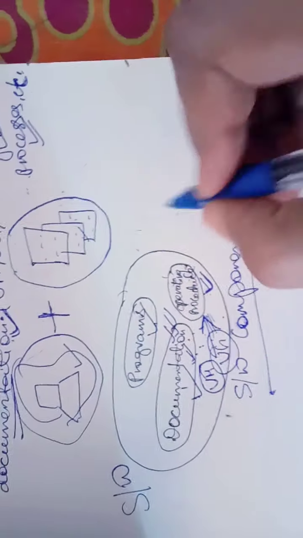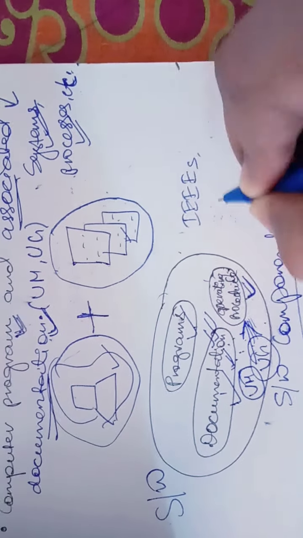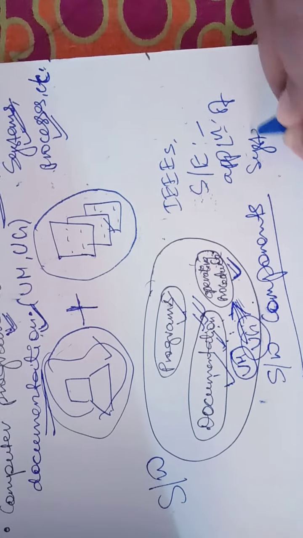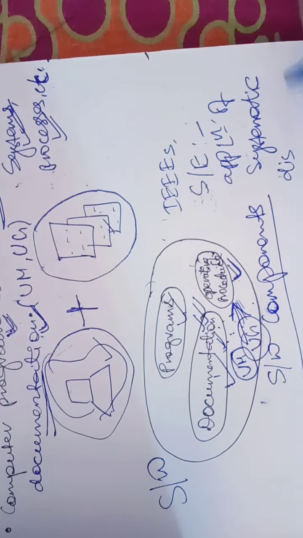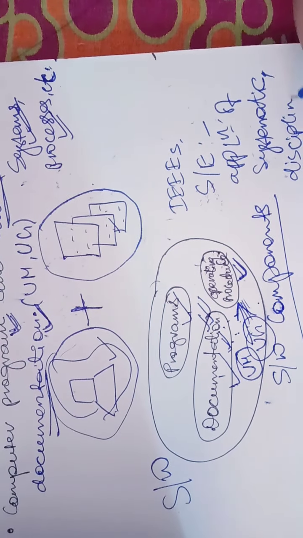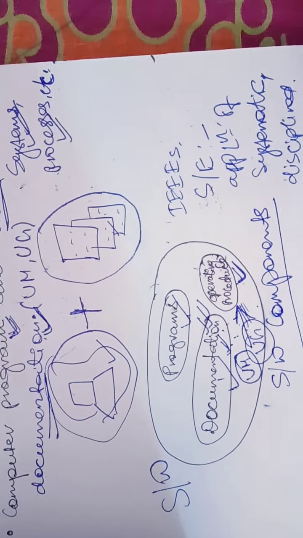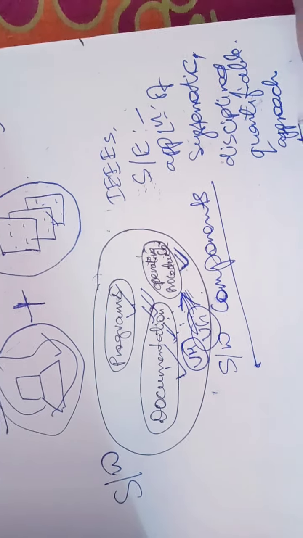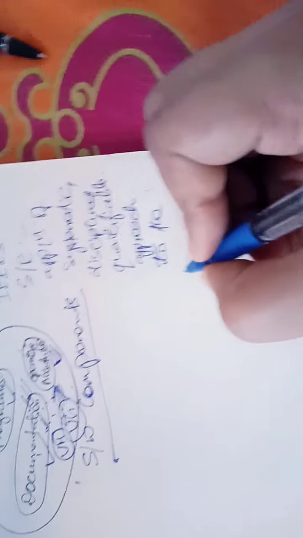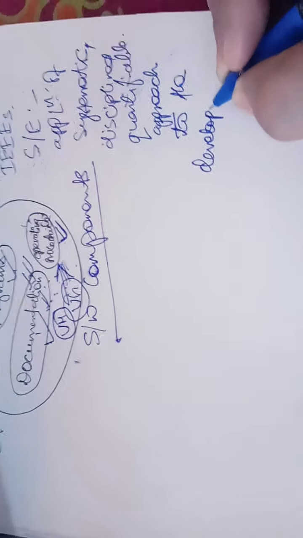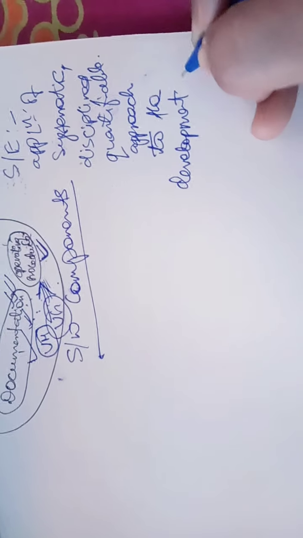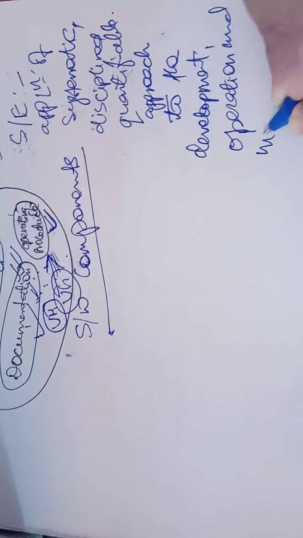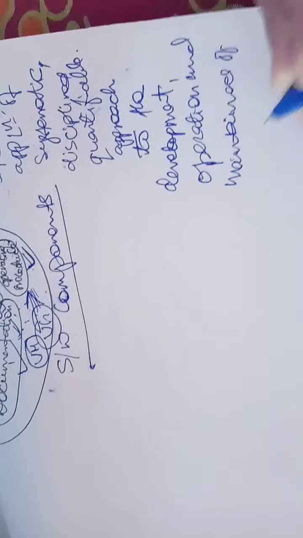So as per IEEE's definition, I'll be writing here the definition. According to IEEE, software engineering can be defined as application of a systematic, disciplined, quantifiable approach to the development, operation and maintenance of software.